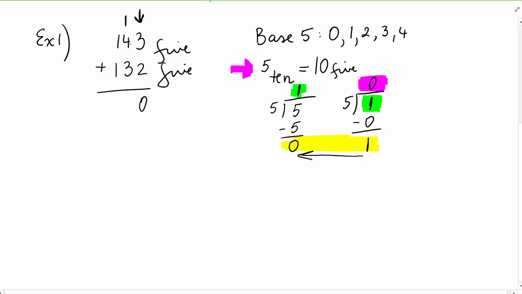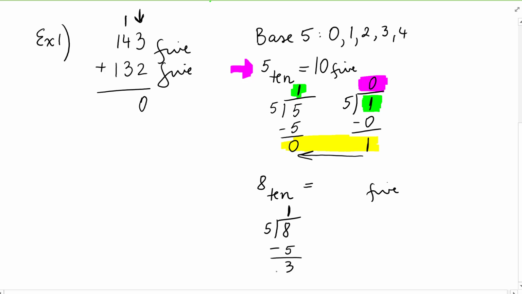1 plus 4 is 5, plus 3 is 8. So 8 in base 10, because these operations that we did were in base 10. So 8 in base 10 is equal to what in base 5? To do that, we go 8 divided by 5. 5 goes into 8 one time. 1 times 5 is 5.